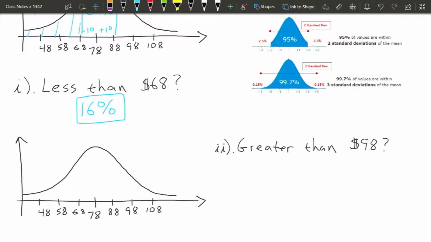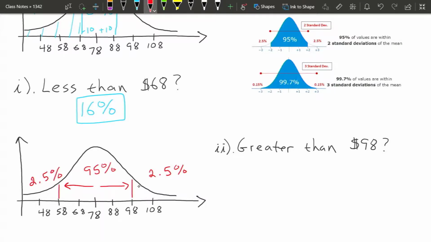Kind of similar to the last one, it might ask about what's greater percent for $98. If you look at the bell curve, 98, we're sitting here at two standard deviations of the mean. And we check how much is in the middle, and there's 95% within two standard deviations of the mean. But that leaves left over 2.5% to be left over on the left side and the right side of the middle.